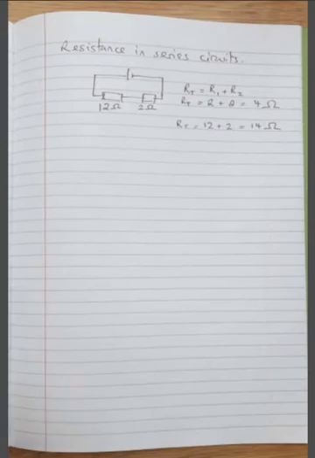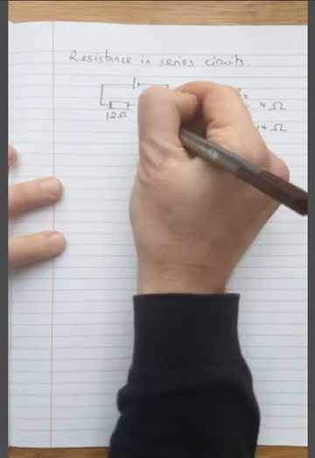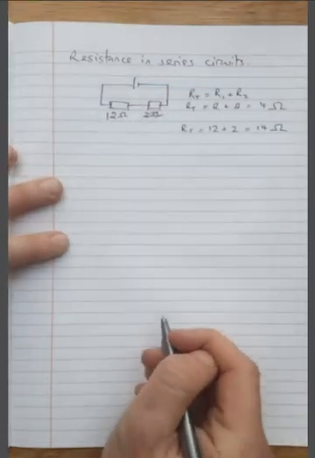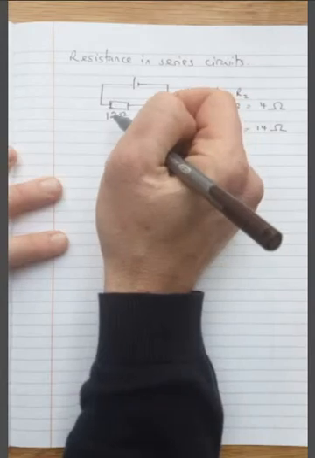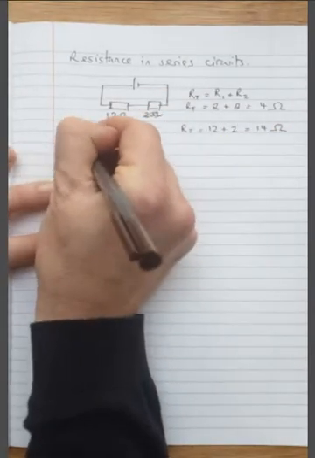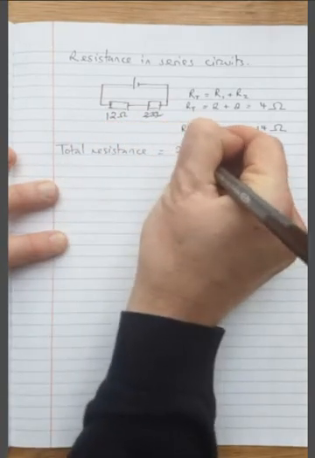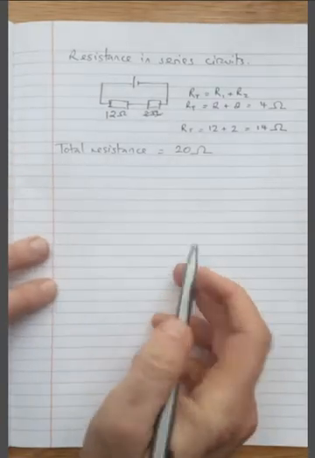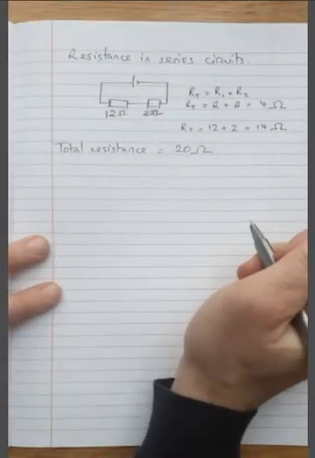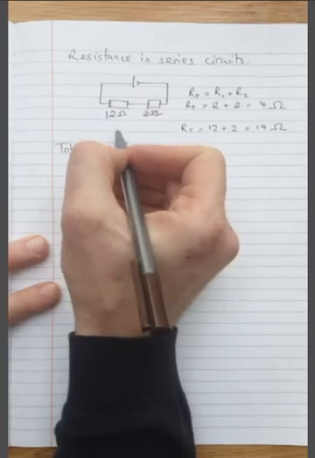Now, what if I didn't know what this value was, but I knew that my total resistance equals 20 ohms? I've measured the total resistance across the circuit is 20 ohms, and I know that R1 is 12 ohms.